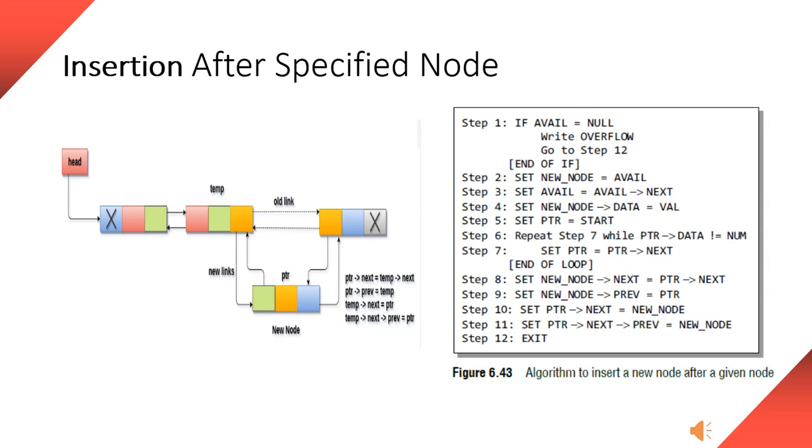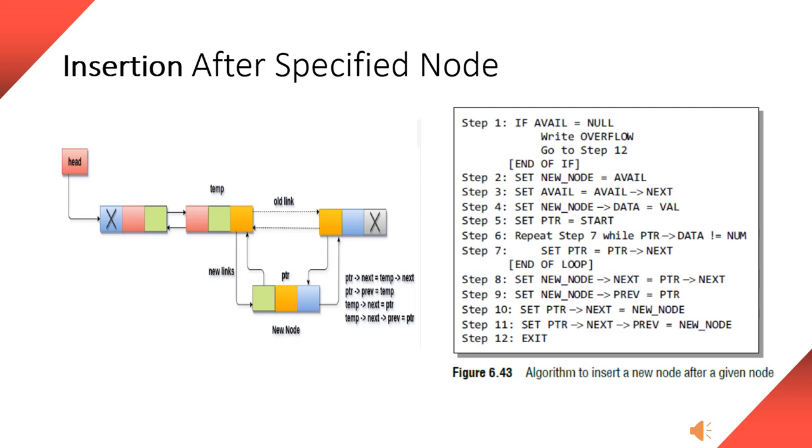If so, check if the given previous node is null. Then allocate the new node and put data in it. Traverse the list by using a pointer to skip the required number of nodes in order to reach the specified node. The pointer would point to the specified node at the end of the while loop. The new node needs to be inserted after this node. Therefore, we need to make a few pointer adjustments here.